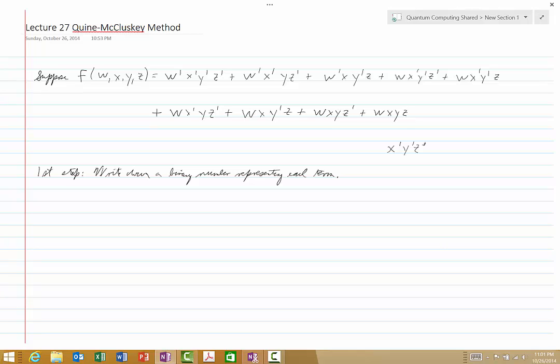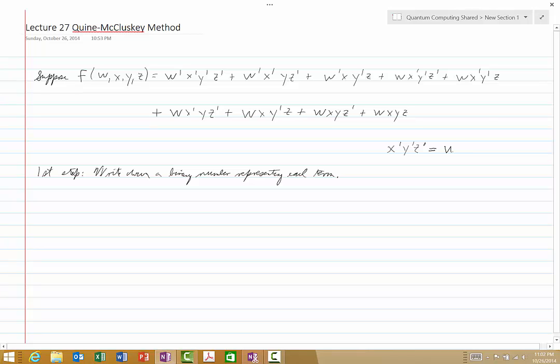Then in that case, we would not have been ready to start yet, because we need to get the function expressed as a sum of min-terms, and this x prime y prime z prime is not a min-term because it does not contain all of the independent variables of the problem. However, we could convert it to a min-term by anding it with 1 written in a particular way.